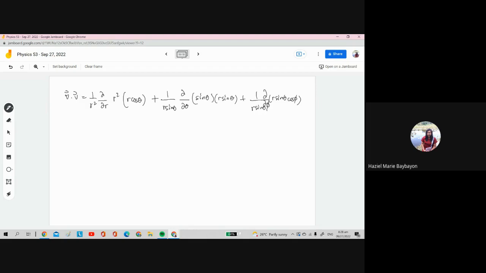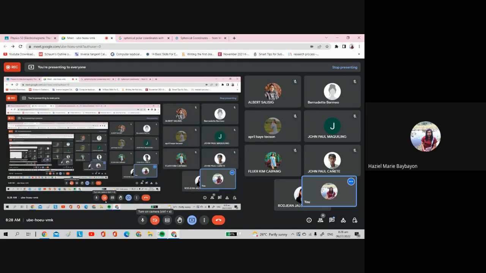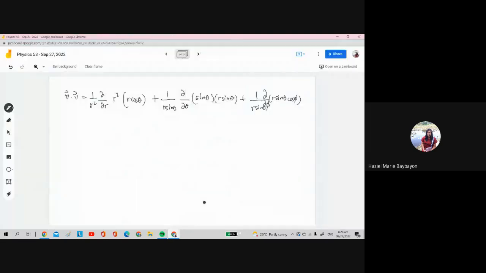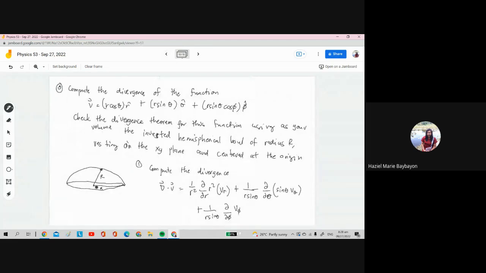All right. From here, let us evaluate the integral. Can you do this, class? The hint: it is only half of the sphere, a hemisphere.